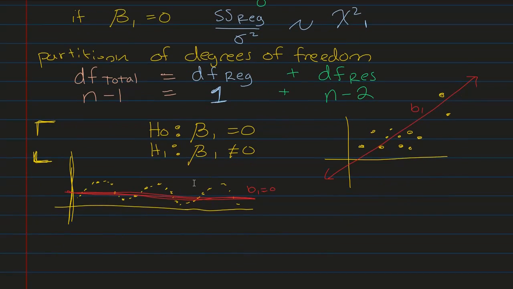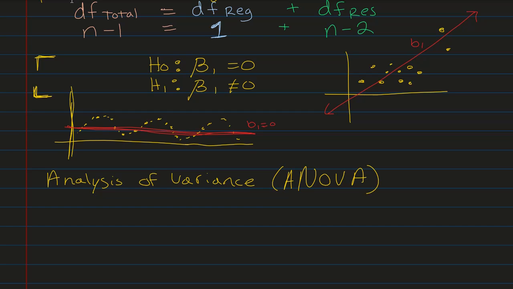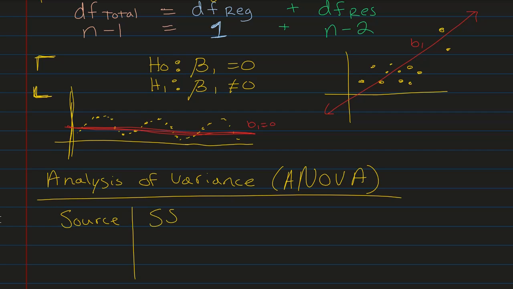All right, so now let's talk about how we do this hypothesis test. What does our analysis of variance look like? A lot of times you'll see this analysis of variance written using the acronym ANOVA. We usually write our analysis of variance test using a table, starting with the source, then the sum of squares.